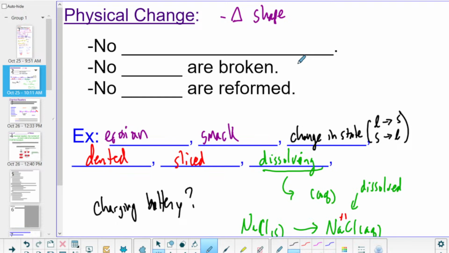What's the magic word for the thing that joins them together? James? Bond. Thank you. Well done. So you're on the right track there, Zane, because of course it's the electrons in the bond. But we want to be very specific. It's about the bonds that aren't broken or reformed. All the electrons is a little too vague. And we don't get anything new.